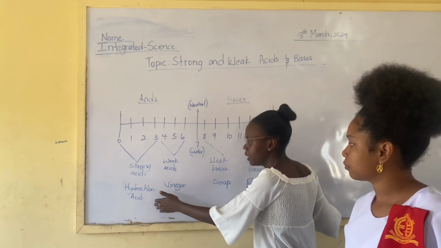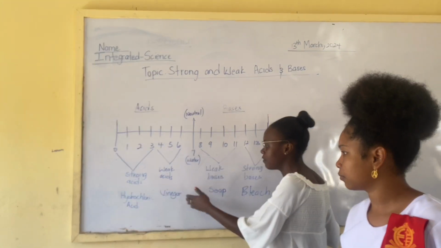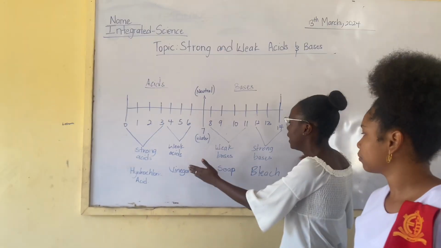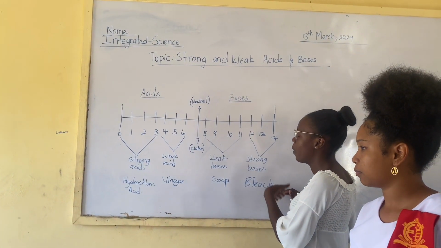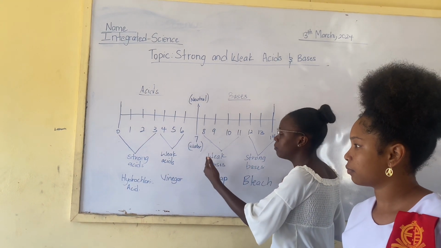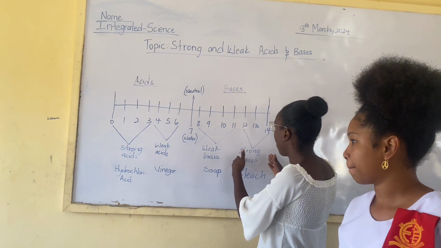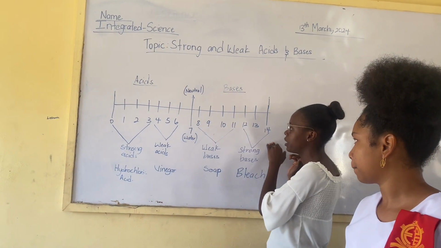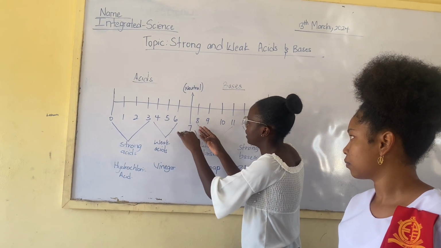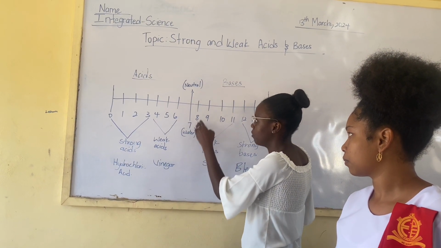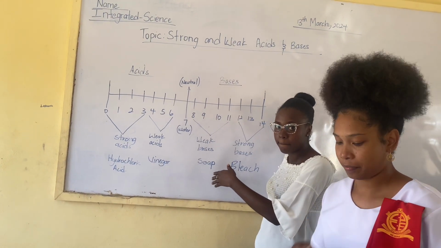For example, it can be hydrochloric acid or vinegar. But in this case, let's use vinegar as an example. So, if we add vinegar to bleach, when mixed together, it becomes neutral, meaning that it will move from being a strong base, which is from 12 to 14, going back straight down to 7. That's the neutral point. Are there any questions so far?